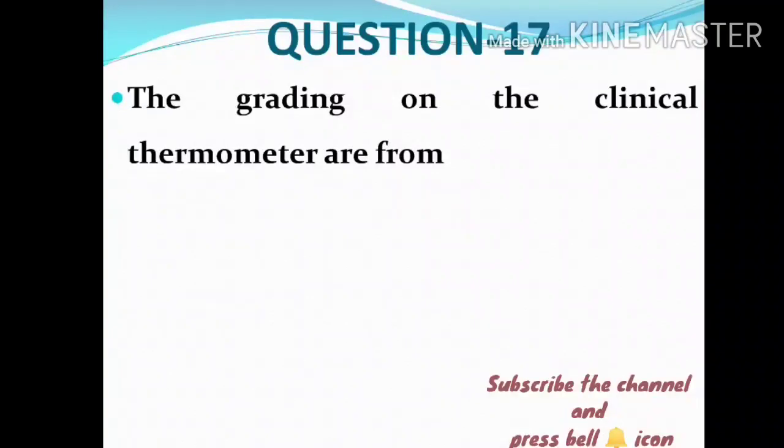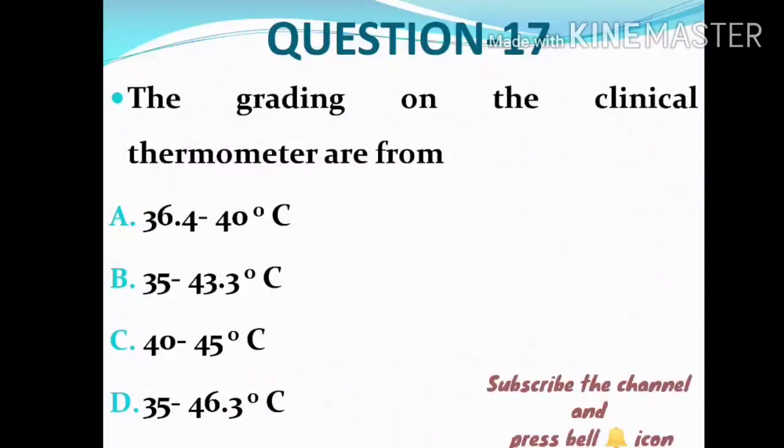Next question. The grading on the clinical thermometer are from options: 36.4 to 40 degrees Celsius, 35 to 43.3 degrees Celsius, 40 to 45 degrees Celsius, 35 to 46.3 degrees Celsius.